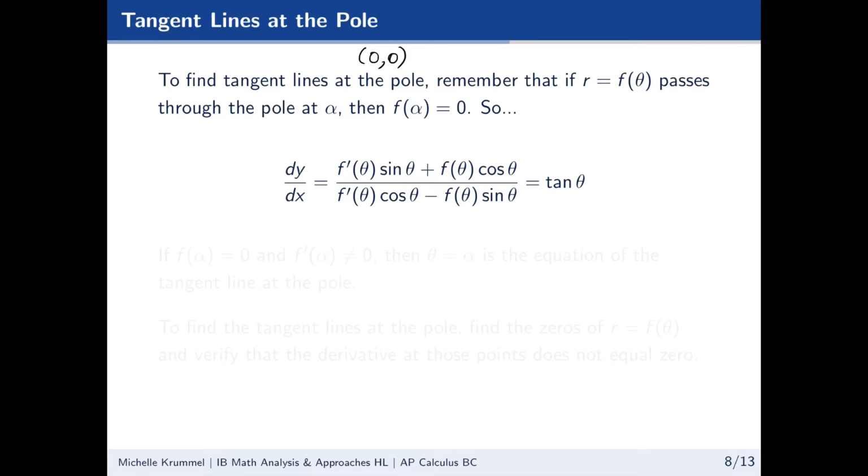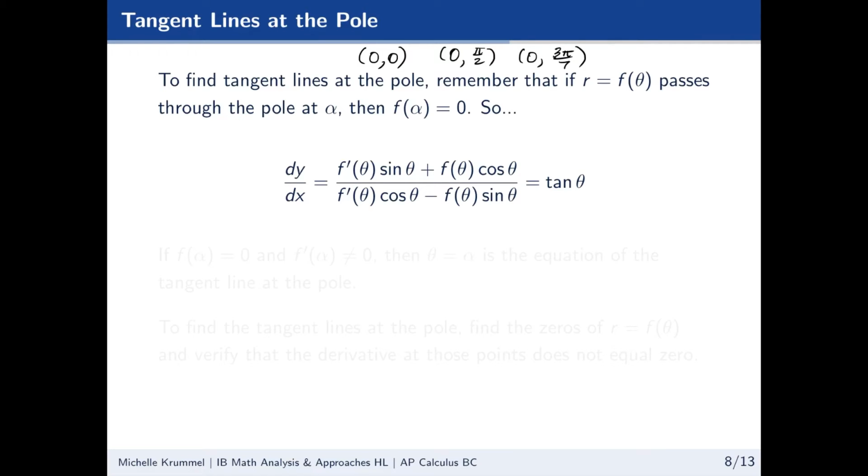But there are lots of different ways to express the coordinates of the pole. So it's also possible that the coordinates could be 0, pi over 2, or 0, 3 pi over 7. Any value of theta that produces an r value of 0 is going to take us to the pole.